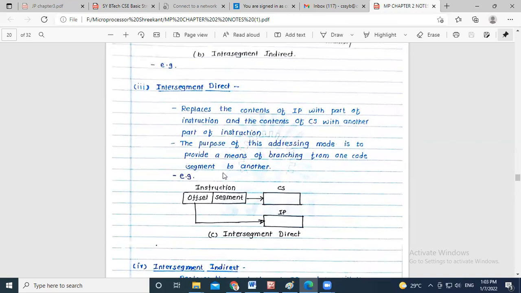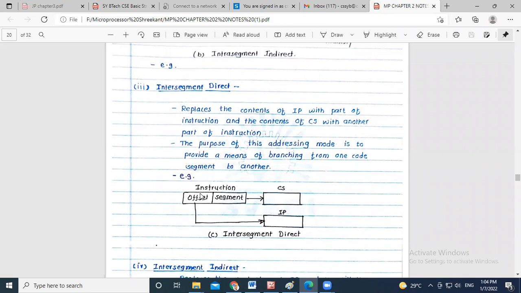So in the intra segment direct, we have to use the instruction with the offset. Why are we using the offset? Because we have to transfer from one memory to another memory. Intra segment means within the same memory, but inter segment is within a different memory. That's what we are taking here. Offset along with the instruction pointer, remember, very important again.